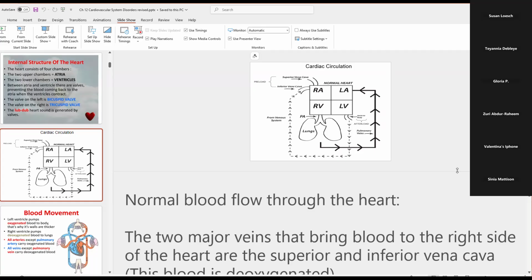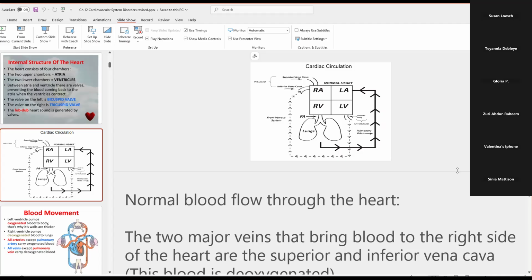On the left side of the heart, you have the mitral valve and the aortic valve. And the left ventricle is your big bad pump, which is pumping against resistance in the body. So if you have high blood pressure, an aortic valve problem, or a mitral valve problem, that is going to lead to left-sided heart failure.